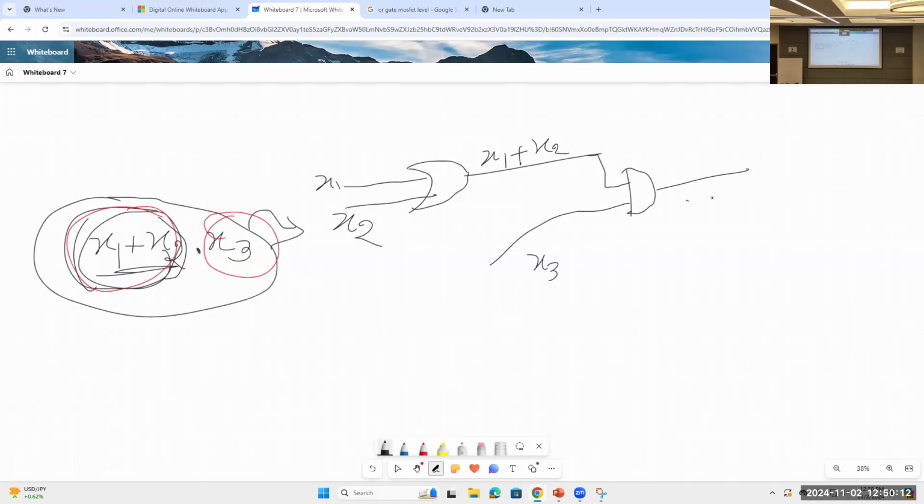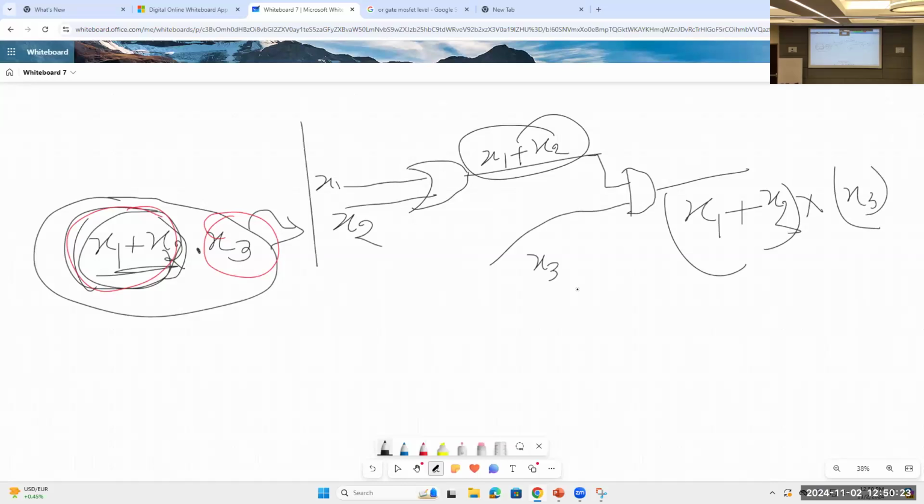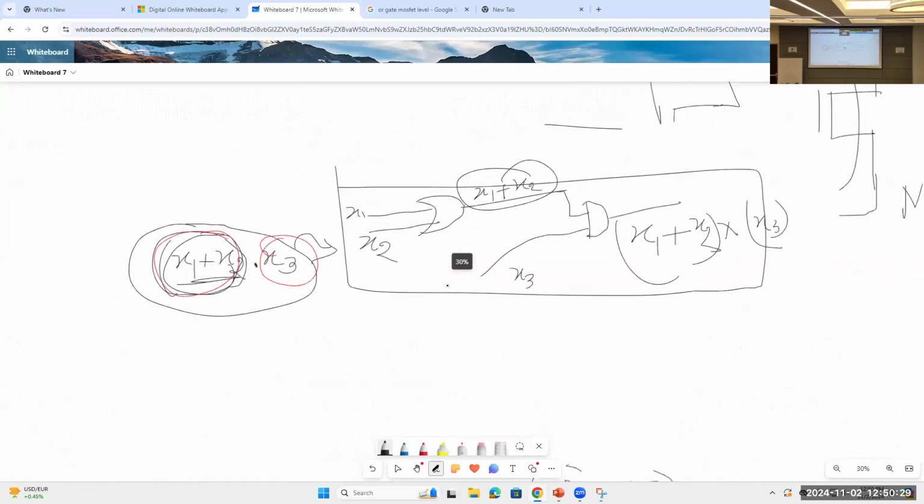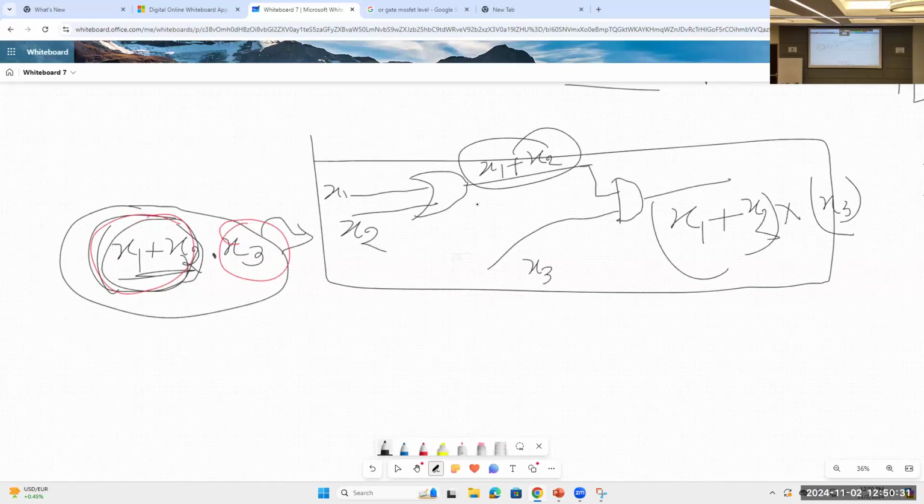The AND gate will just multiply the two inputs. This thing is called gate level analysis. But here there is no transistor shown.